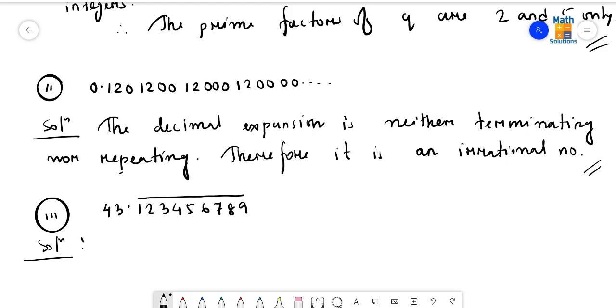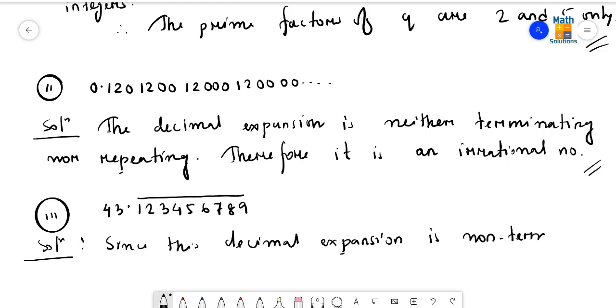Since this decimal expansion is non-terminating, repeating, hence this is a rational number, yes or no?